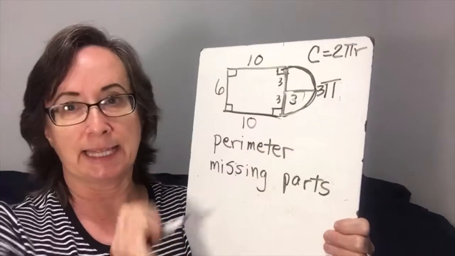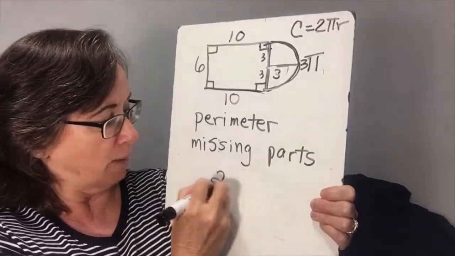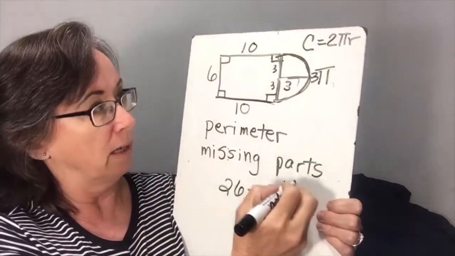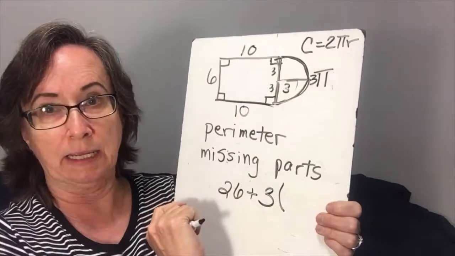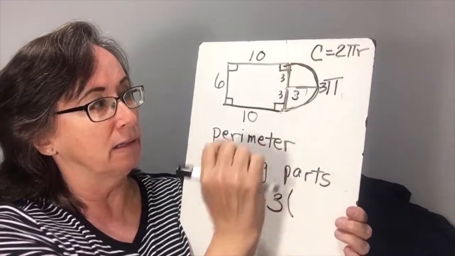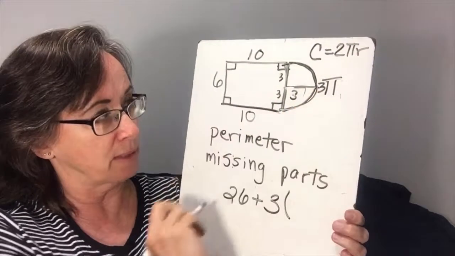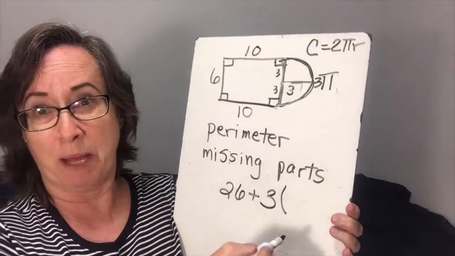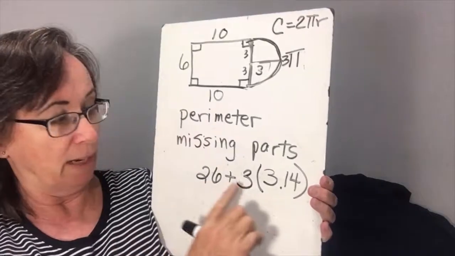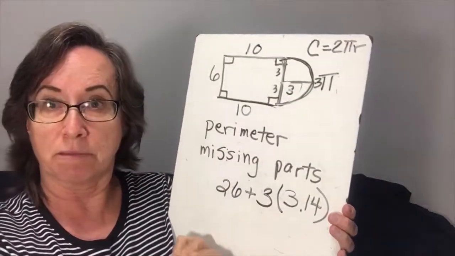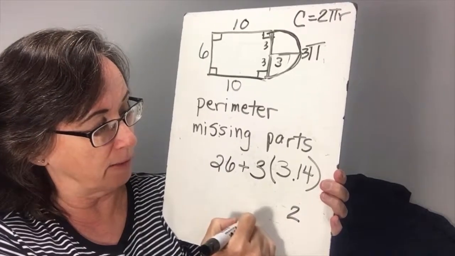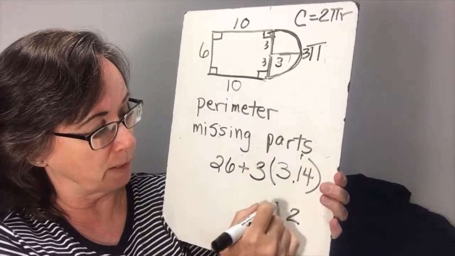Well, the 10 and the 10 and the 6, that's easy. That's 26. So we have 26 plus 3 times, because the radius was 3. Okay, so the half circle is going to be pi r, and so that's pi times 3. So remember, pi is 3.14 approximately. So now when I multiply 3 times 3.14, won't I get 3 times 4 is 12, carry the 1, 3 times 1 is 3 plus 1 is 4.